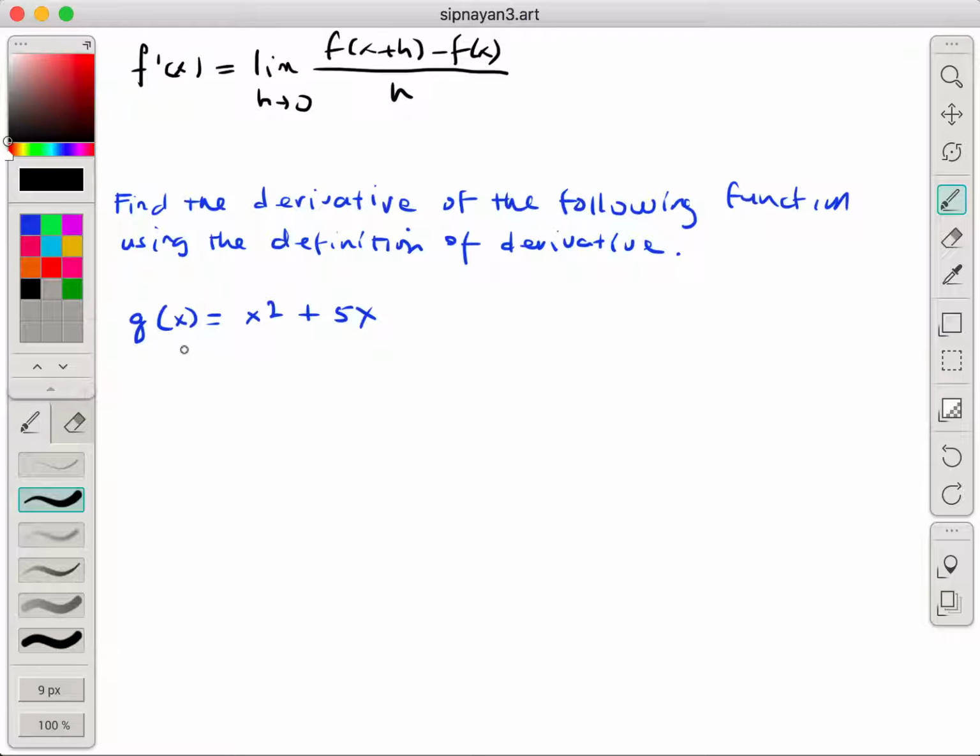Of course, since we are using g as the name of the function, we will replace it, right? So it becomes g prime of x is equal to the limit as h approaches 0 of g of x plus h minus g of x over h. The formula changes depending on the name of the function. In general, the name of the function is f. Here, it is g. So we just replace all f with g.